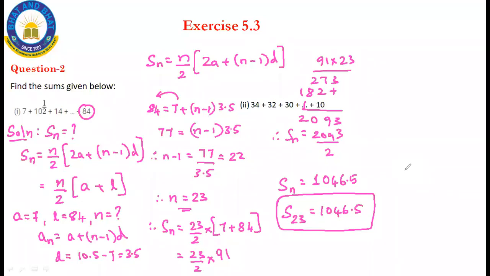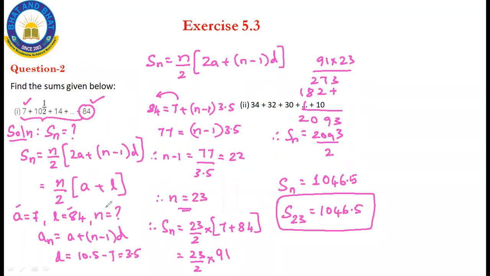Okay, I will explain once again. Please listen. See, they have given us the AP, but the only thing we observe here is they have given us the first term as well as the last term. So it is a definite AP. a is equal to 7, l is equal to 84, but they have not told how many terms are there in this AP. So I need to find out how many terms.